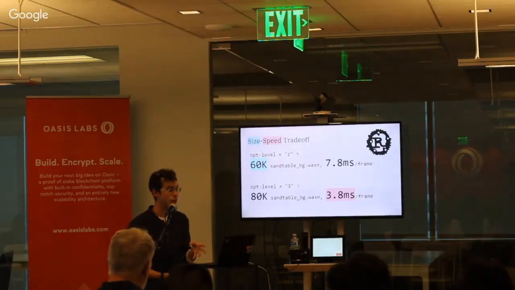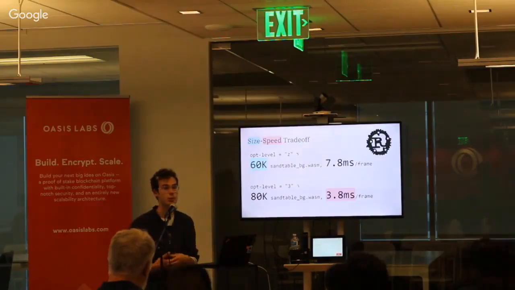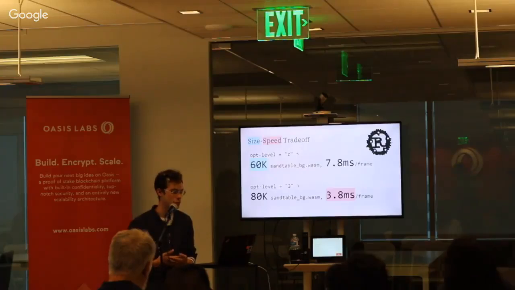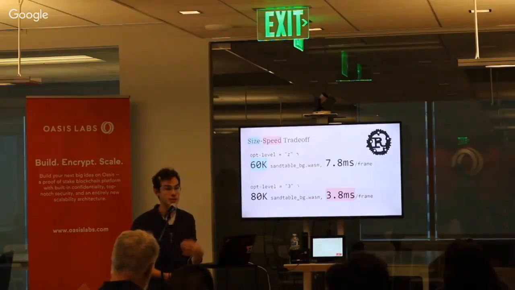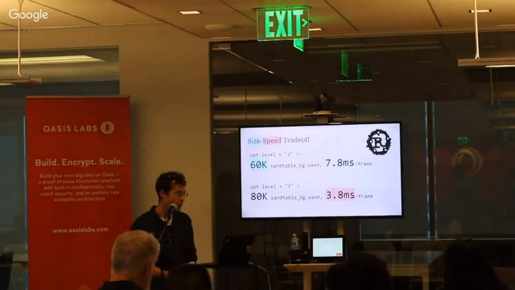And then halfway through, I realized that I could switch from optimizing for binary size to binary performance. And I found that my WASM binary went from 60 kilobytes to 80 kilobytes, which is not a very big increase, but I got basically a 2x performance increase. And so this is just an anecdote.